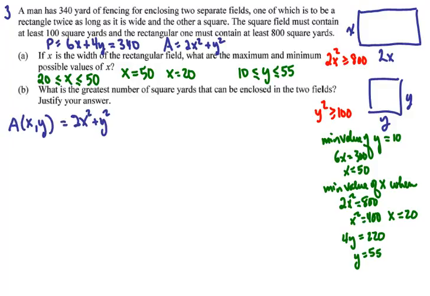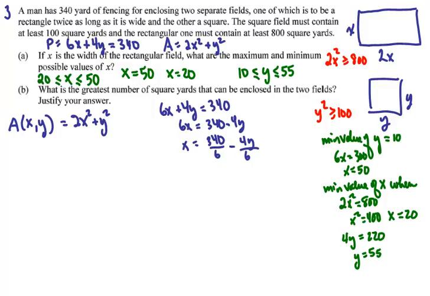Now we know that the area in terms of x and y is 2x squared plus y squared. And I am going to solve for x, or solve for y here. 6x plus 4y is 340. Subtracting 4y from both sides leaves me 6x equals 340 minus 4y. So x is equal to 340 minus 4y over 6.